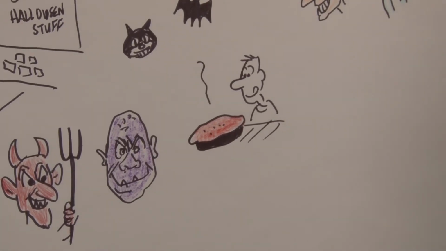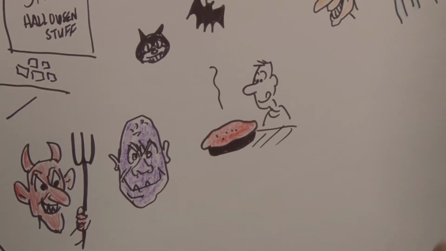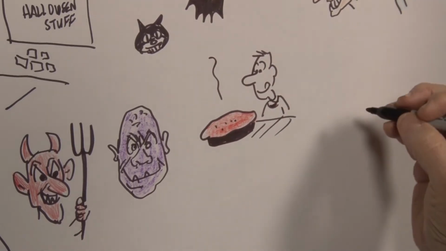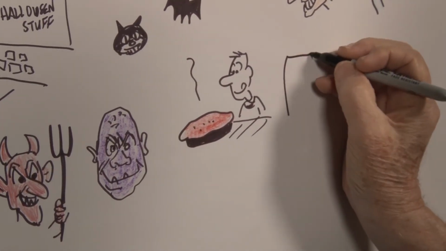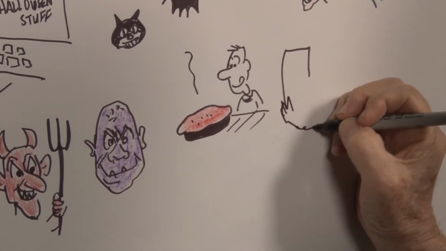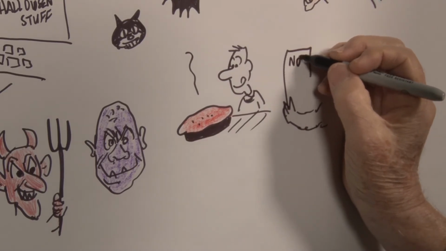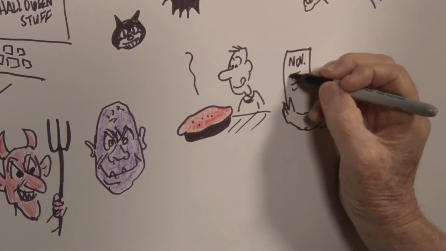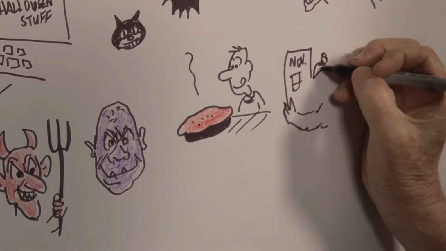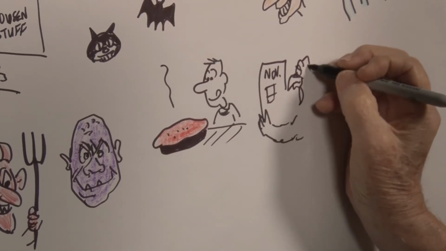Speaking of turkeys, obviously turkeys are an important symbol of Thanksgiving. I like to show this with a turkey looking at a calendar, November. And the expression on the turkey's face is not a happy one.